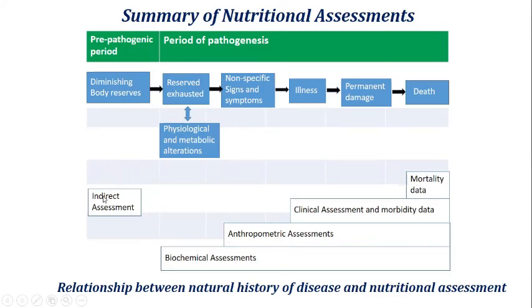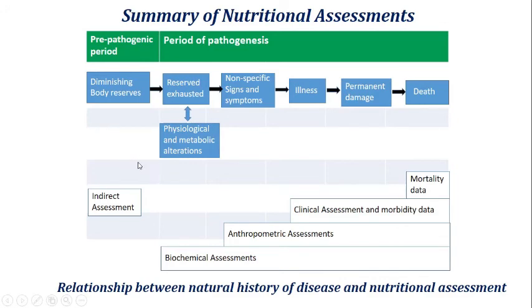Okay. As I mentioned, indirect assessment involves ecological factors and some vital health statistics, and personal income and other things. So in the pre-pathogenic period, we can have an idea about the nutritional deficiencies through indirect assessments, as well as dietary evaluation methods.